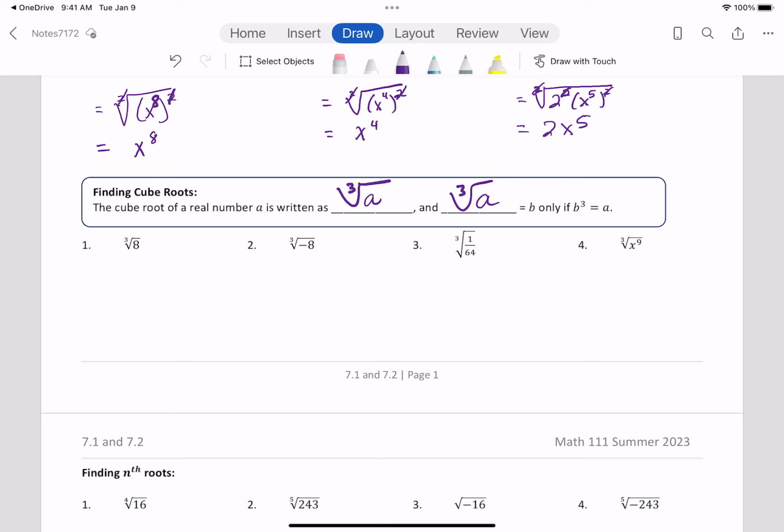Alright, so if we look at the first one, again, this is going to be the same thing as I talked about in that first set. These are simple problems that we can go straight to the answer, but I need you to be thinking through and showing this process because we're going to need it. We know that the cube root of 8 is 2.